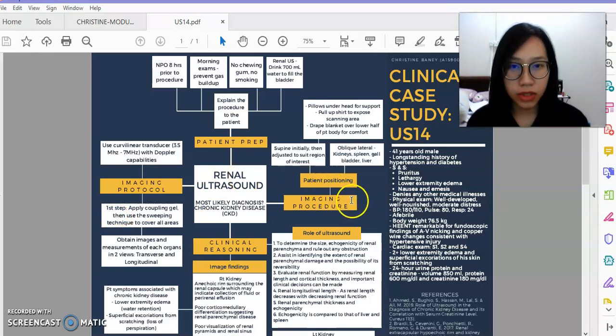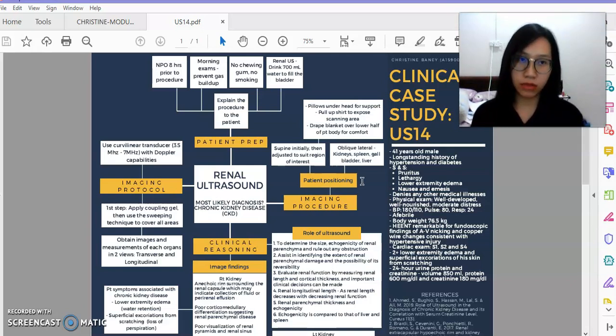For the imaging procedure for patient positioning, first we will have the patient positioned supine initially with pillows under the head, and we will provide blankets also for the patient's comfort. Then along the examination, we can adjust the patient's position to suit the region of interest.